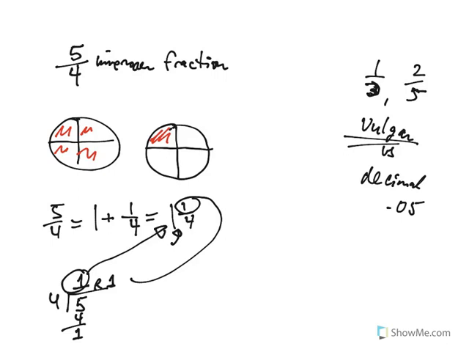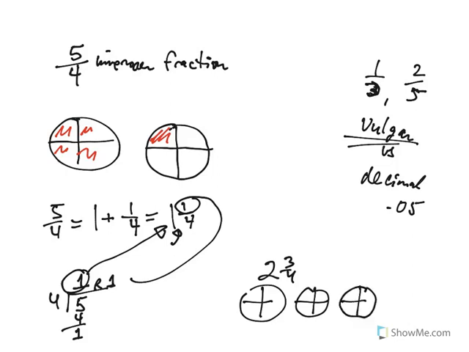I think turning improper fractions, or going the other direction, like 2 and 3/4, is a good idea. Oops, I made a small circle. The idea is that 2 and 3/4 is 1, 2, 3, 4, 5, 6, 7, 8, 9, 10, 11 fourths.